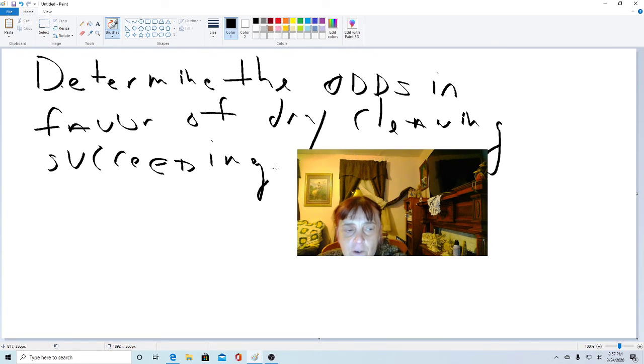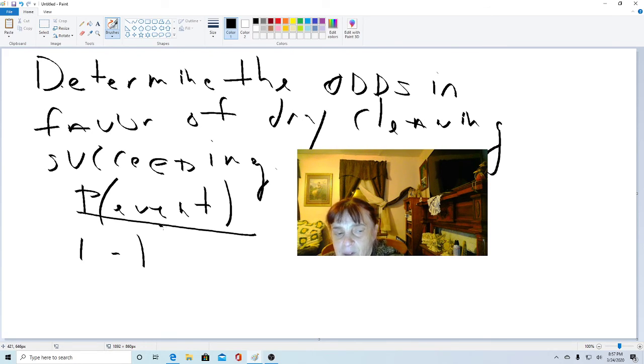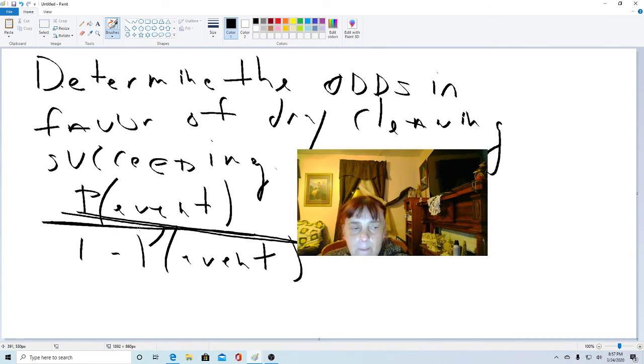Okay, the odds in favor is the probability of that event divided by 1 minus the probability of the event. And the odds against will be just the reciprocal of that.